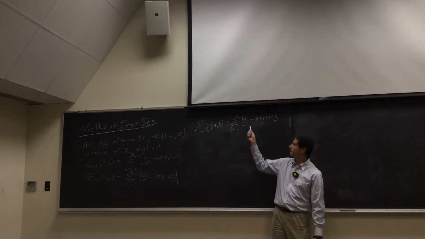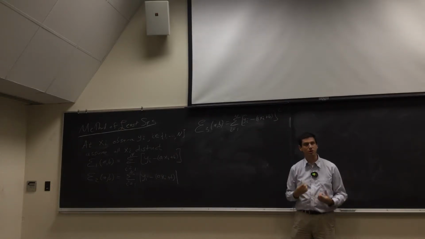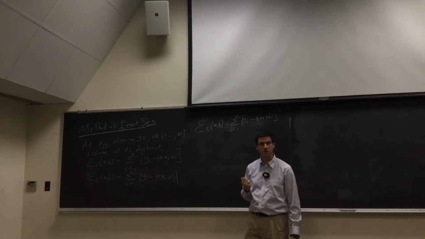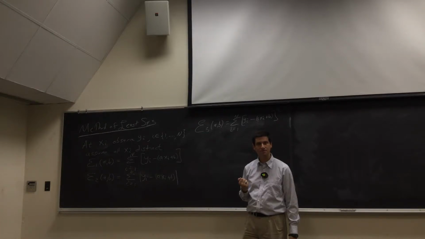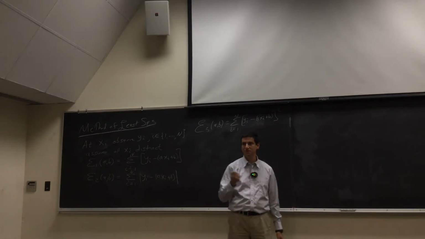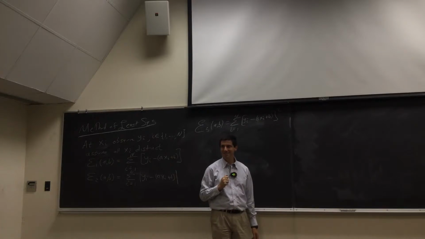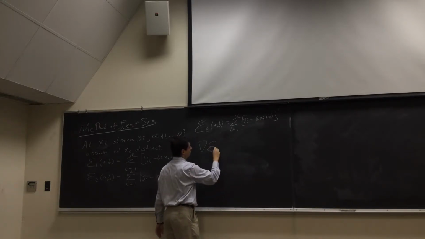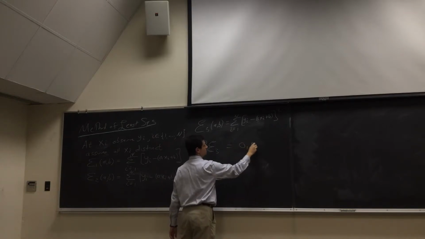So we want to find the values of a and b that make this error as small as possible. How can we find the values of a and b that make this as small as possible? What should we do? Differentiate. So we want to take the gradient of E3 and set that equal to 0, 0.